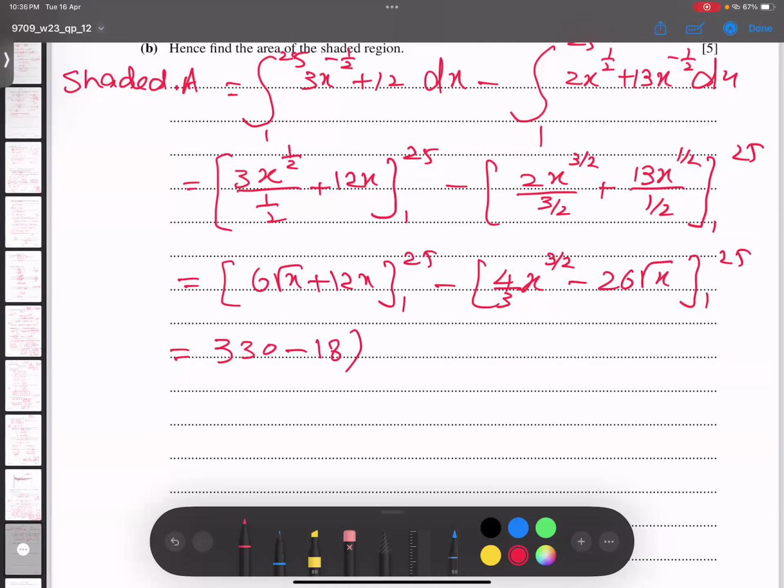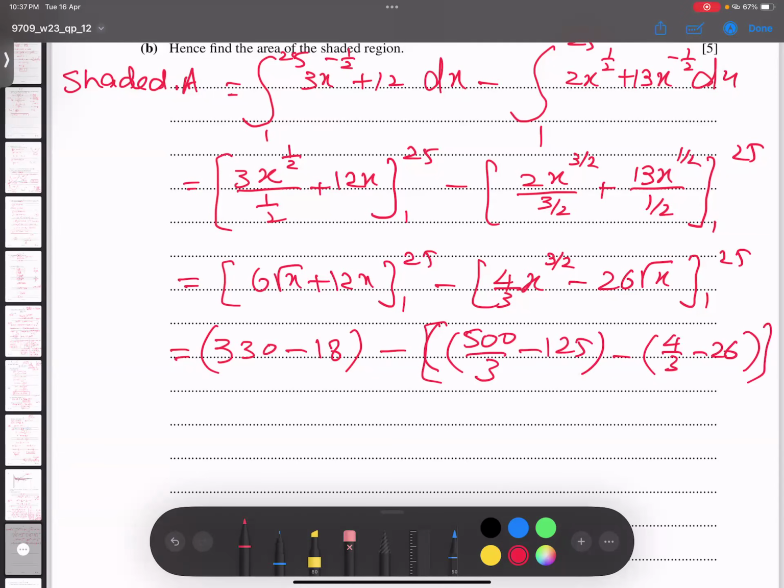And for the next part, when I plug in 25, 4/3 into 25 to the power 3/2, I get 500/3. And 26 into 5, I get 125, minus. Now the same story I will do with 1. So I get 4/3 minus 26.